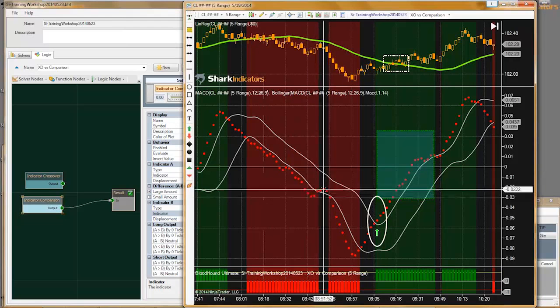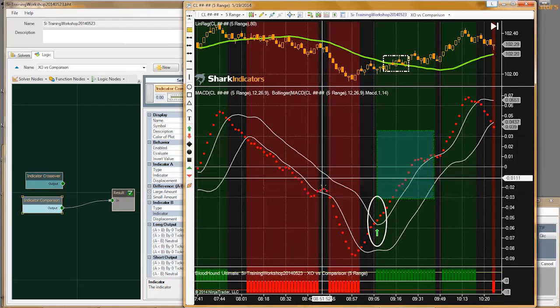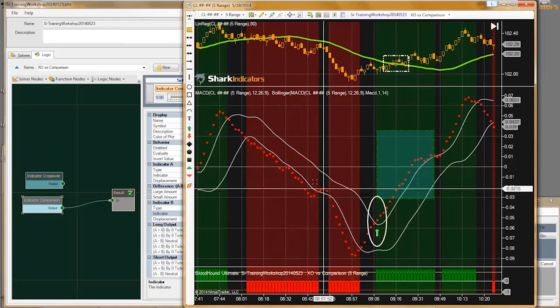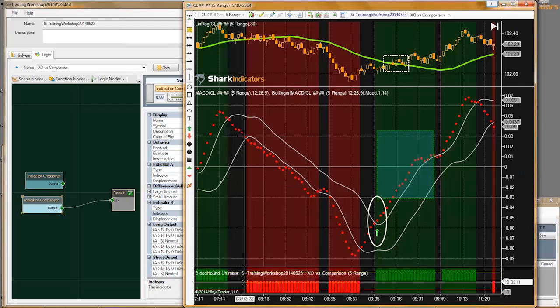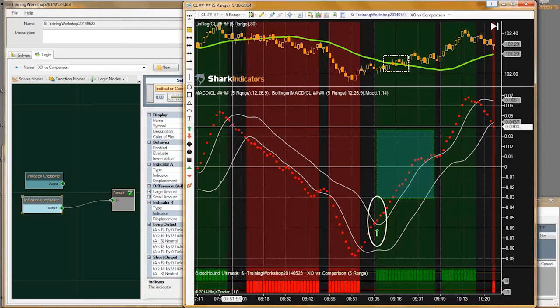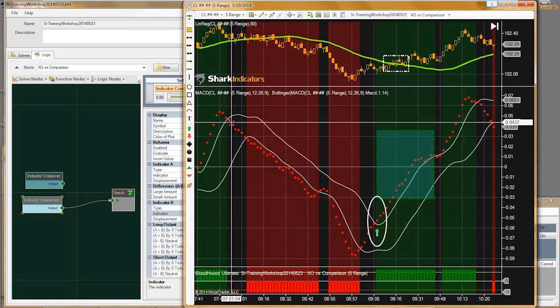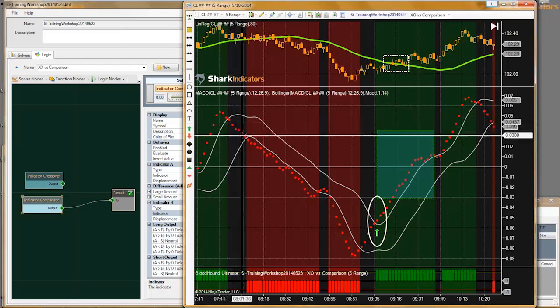If the MACD goes in the middle, in between the bands, then we can't take any trades. So whenever there's no output, that essentially prevents the ability to take any trades.